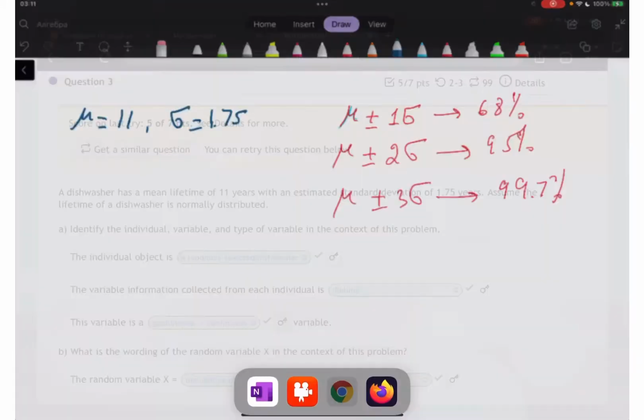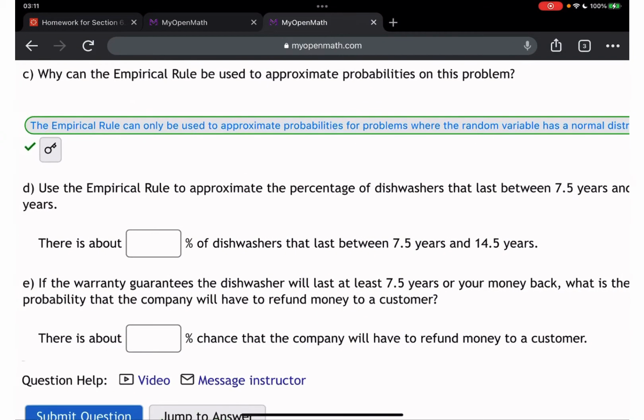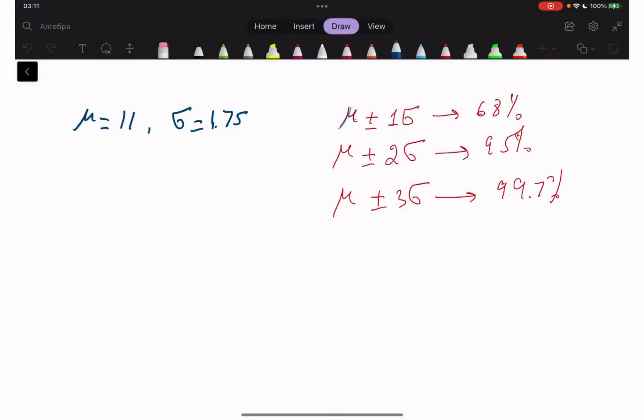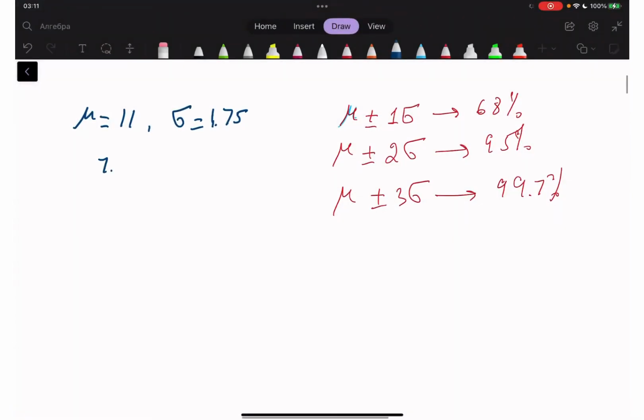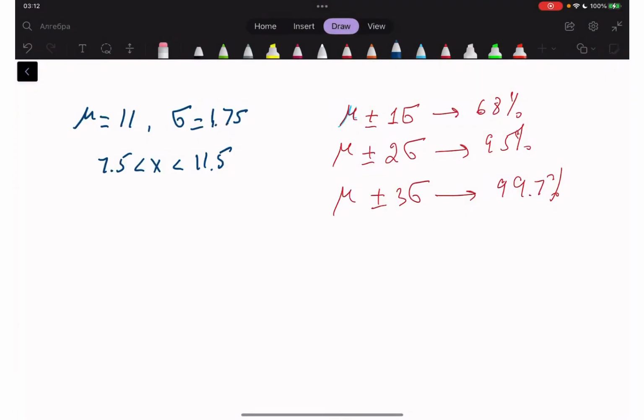Okay, we need to figure out how many percent of dishwashers will last between 7.5 and 14.5. So we need 7.5 and 14.5. 11.5 is almost mu, our average.